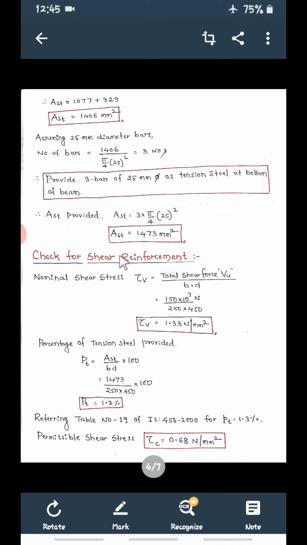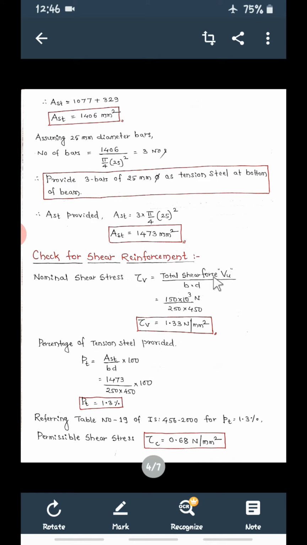The next important thing is, whenever you are designing a beam, whether it is a singly reinforced beam, a doubly reinforced beam or a T-beam, you have to check for shear reinforcement in the form of stirrups. As you already know the procedure, first calculate the nominal shear stress, indicated as tau V. So tau V is equal to the total shear force.